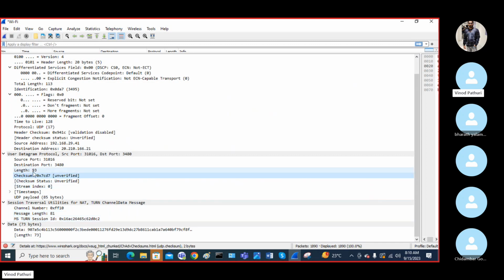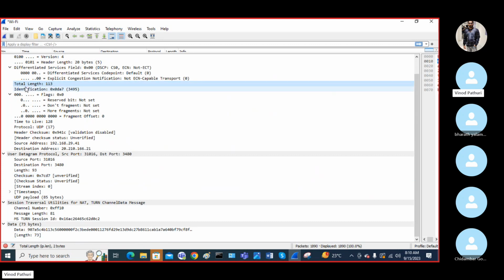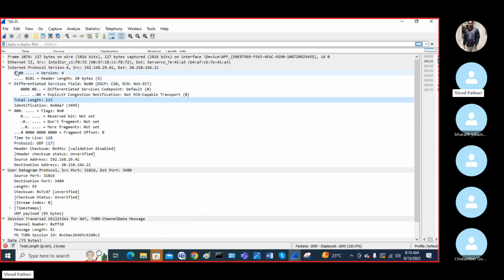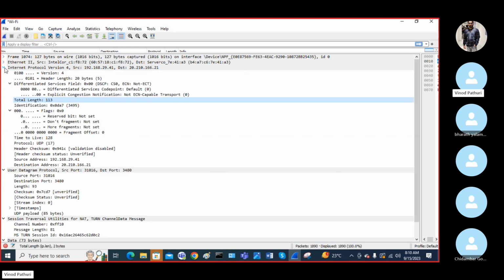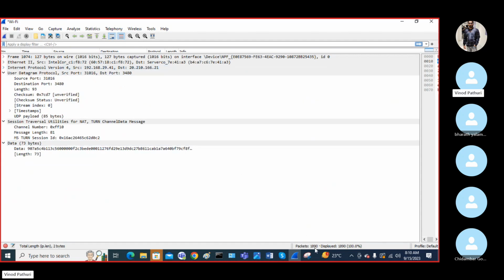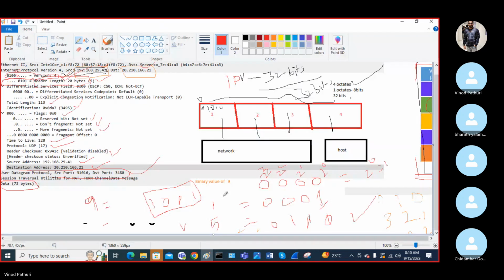Everything will be calculated and forwarded to the destination. So that is our IP protocol. Now you have at least a little idea of what binary is and how the IP protocol looks.